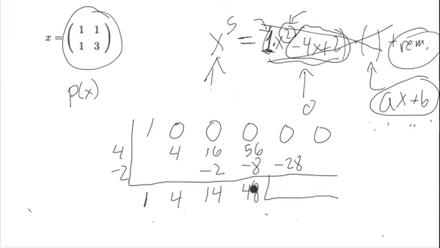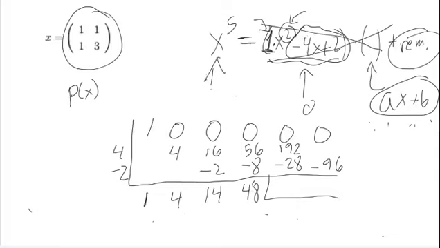Okay, and then we have one more big multiplication to make. So 48 times 4 is 192. And then we have 48 times -2, which would be -96.